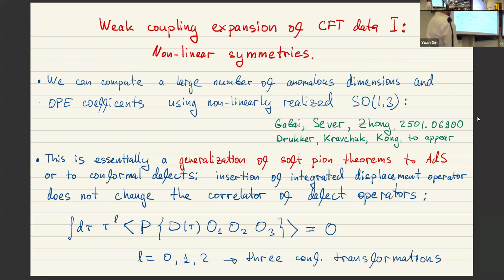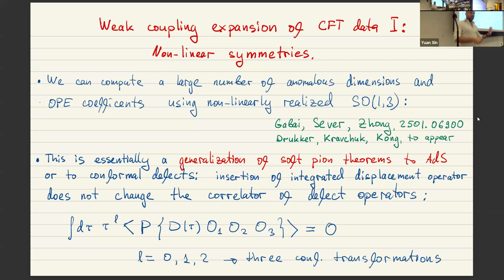At weak coupling, a very powerful way of doing the calculations is by using these nonlinear symmetries, to which I alluded before. That is something that was worked out by Barak and collaborators, so you can ask him for technical details. I'll give a very intuitive explanation of what these nonlinear symmetries are. These are just direct analogs of soft pion theorems in anti-de Sitter space.